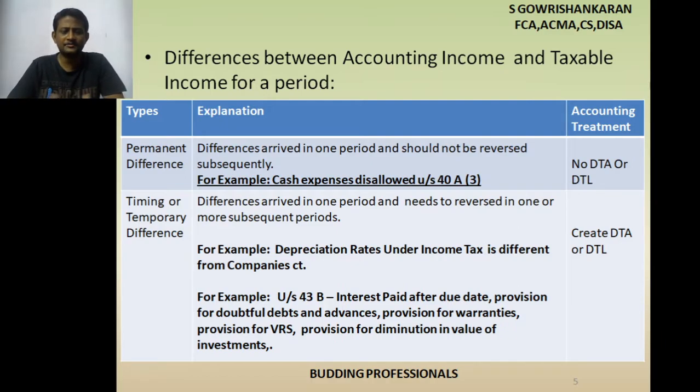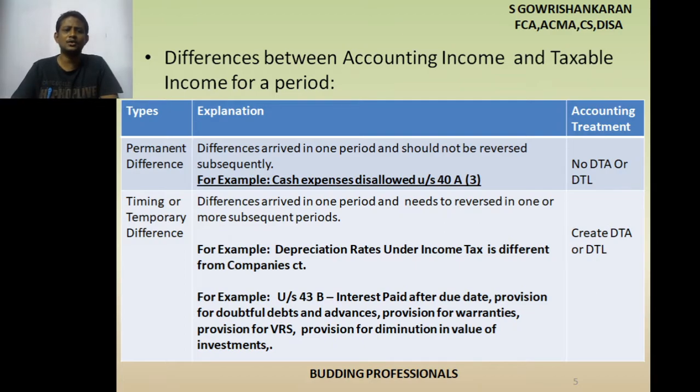Deferred tax asset or liability should be created only for the timing difference, not for permanent difference. Permanent difference means you will not provide any tax for that amount. You are going to eliminate that amount, whether it is an income or expense, from your calculation of taxable income. You got it, what I am saying?